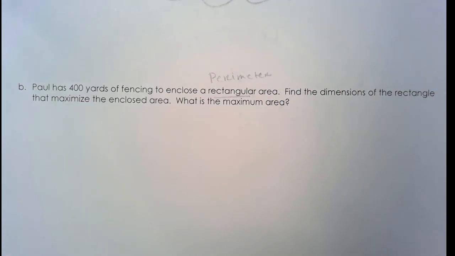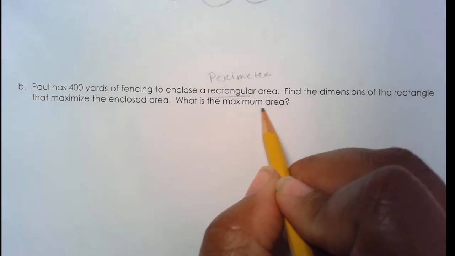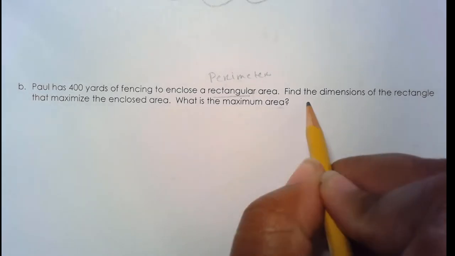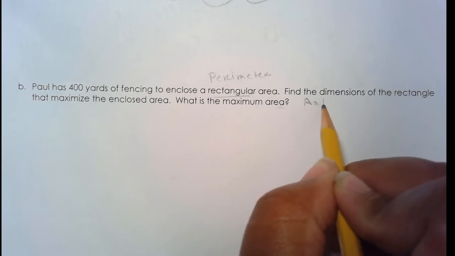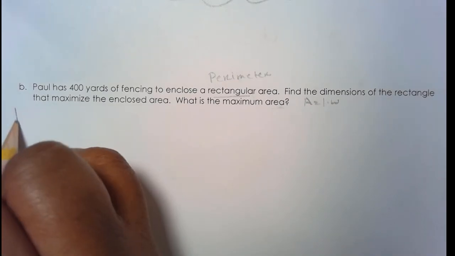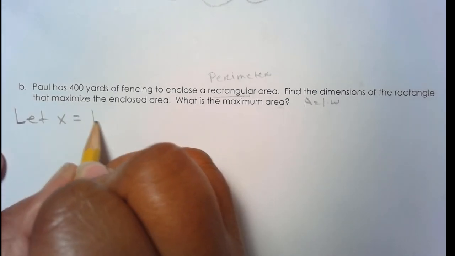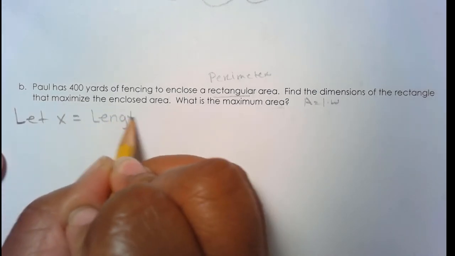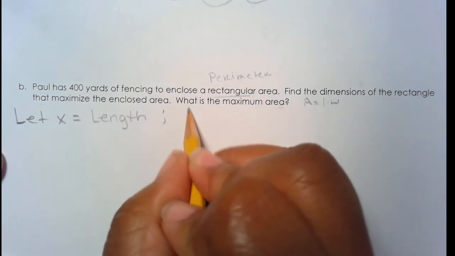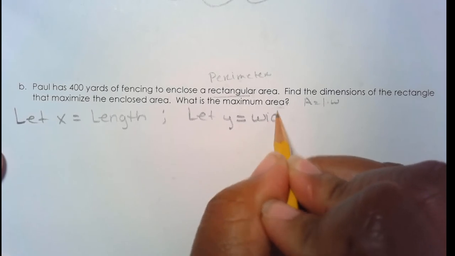Then it's asking us at the end, what is the maximum area? So that means we're going to be using A is equal to length times width. What we're going to do in this question is first let X represent the length, and we're going to let Y represent the width.